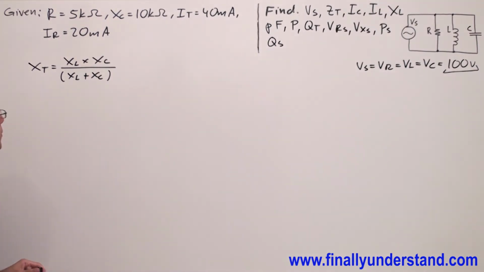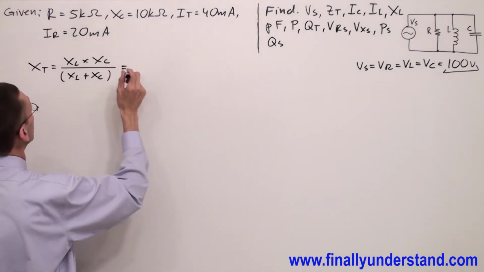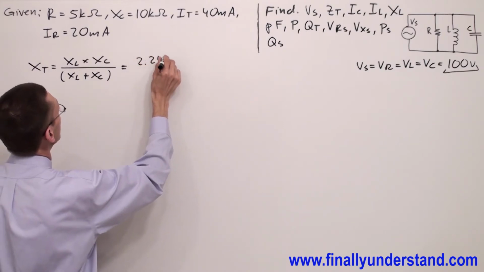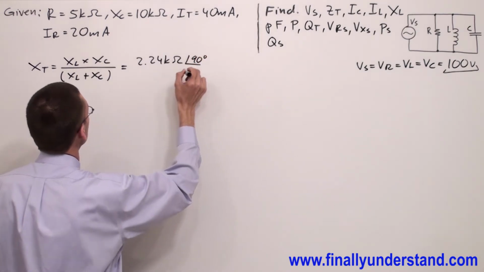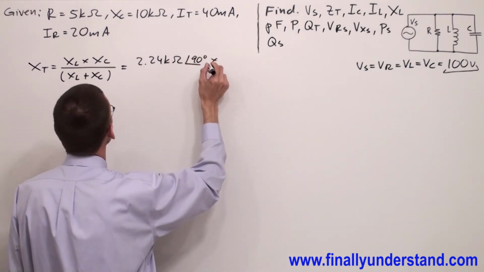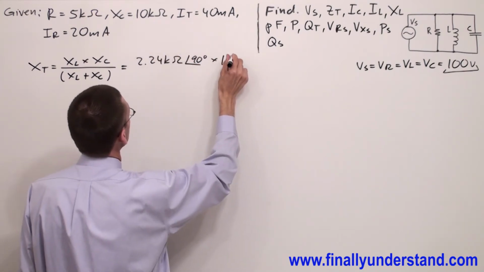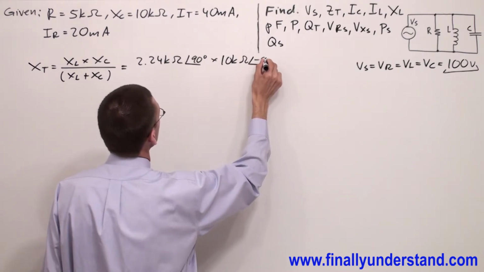Okay, so we have X of L is equal to 2.24 kiloohms, an angle of 90 degrees, times X of C, 10 kiloohms, an angle of negative 90 degrees.